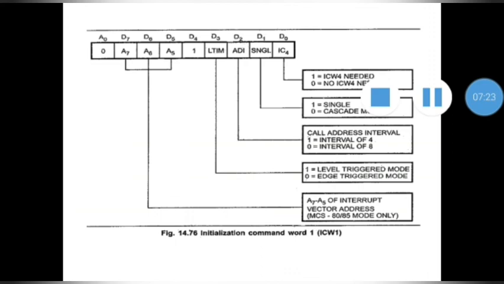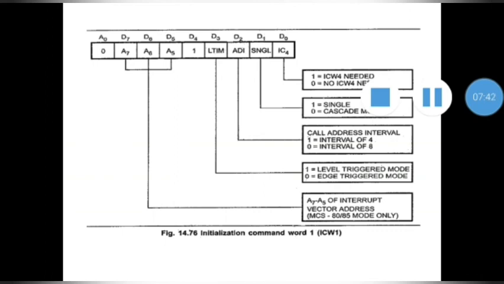So the interrupt vector address will be stored in these bits. So this is the format for initialization command word 1 for the 8259 processor.